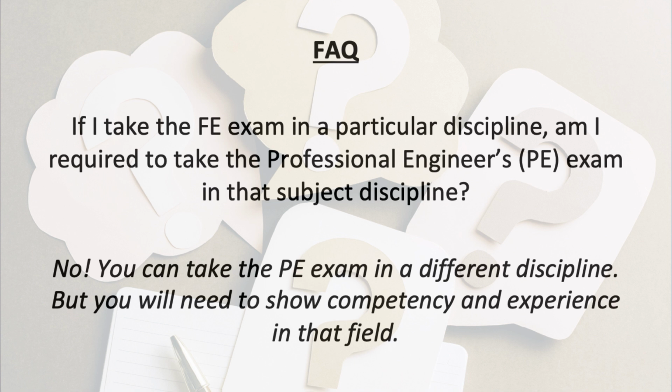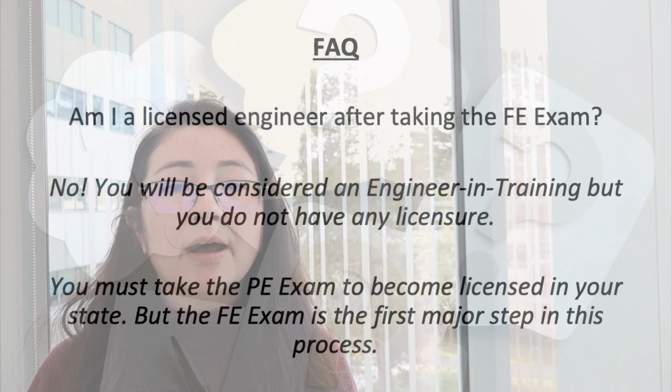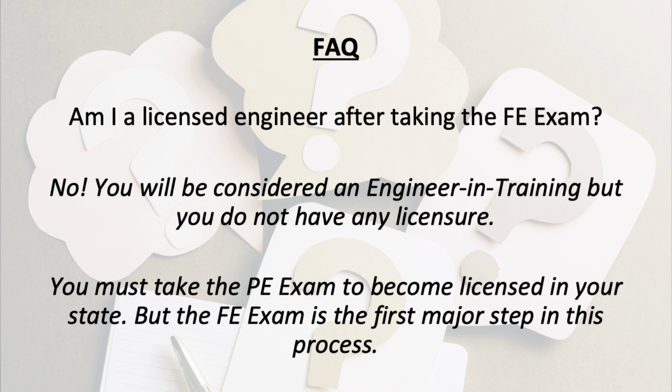With that being said, the EIT does not specify that you take it in civil engineering or mechanical, especially when you come to the professional engineer's license, which is a completely different topic beyond the scope of this video. But when you go for that license and that exam, they just want to know, have you taken an FE exam? There's no question of what specific field or discipline you've taken it in, because the FE exam is not a license that you're receiving at the end of this.